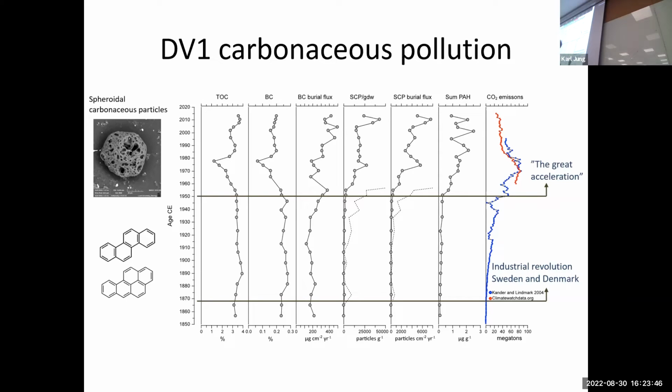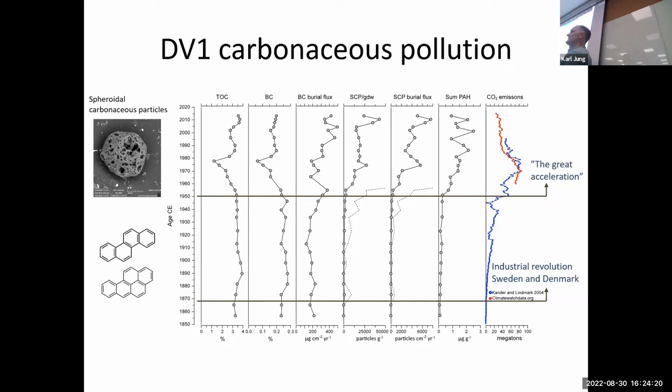This does affect the deposition of the particles, and there is some sort of hydrological sorting of the particles. It seems like it affects the total black carbon more than it affects the SCPs or polyaromatic hydrocarbons. We still get deposition of those, even though they have high current flow through the strait.